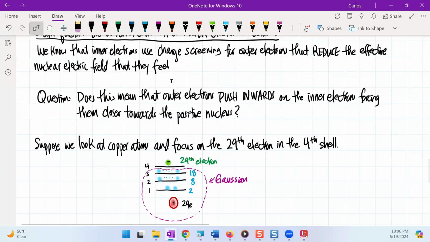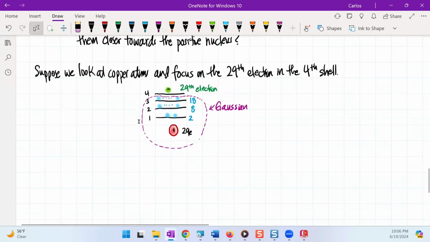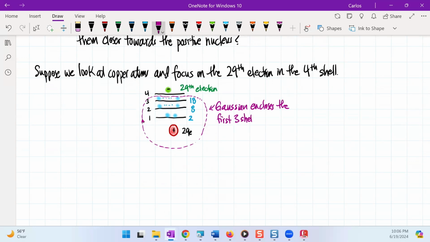So I'm putting my Gaussian on that encloses, right? The Gaussian, I should say, encloses the first 3 shells plus the nucleus.